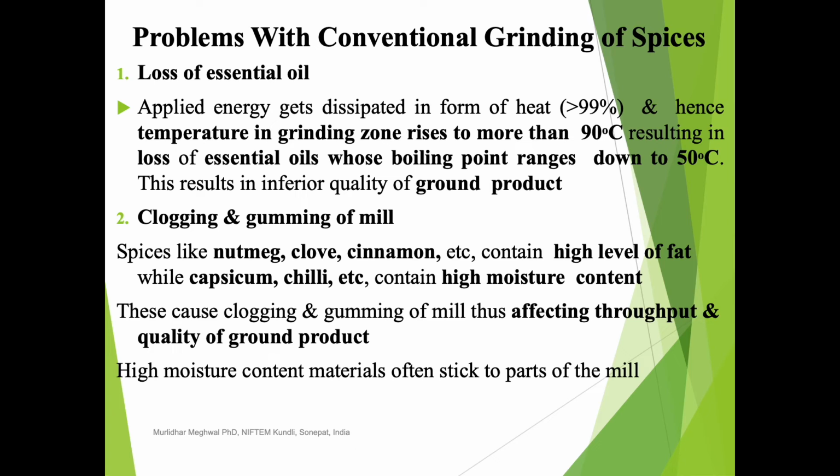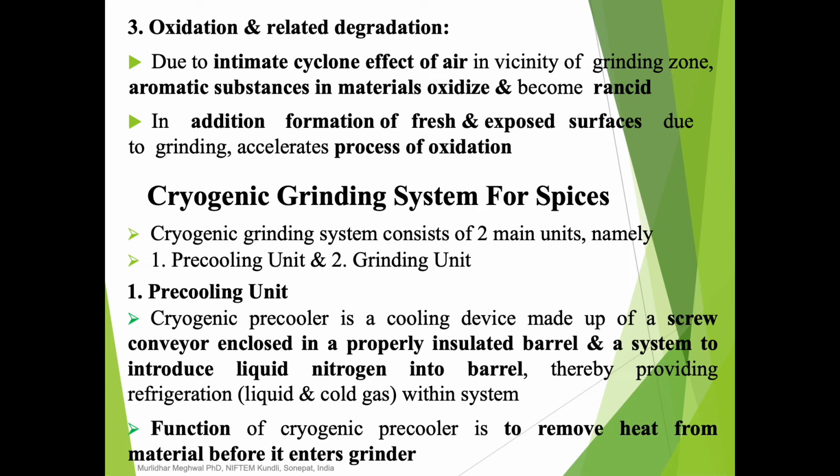So problems like loss of essential oil, clogging and gumming of mills create a lot of hindrance in the grinding operation, or there may be oxidation or related degradation due to intimate contact with oxygen. It may cause oxidation and rancidity of the materials.